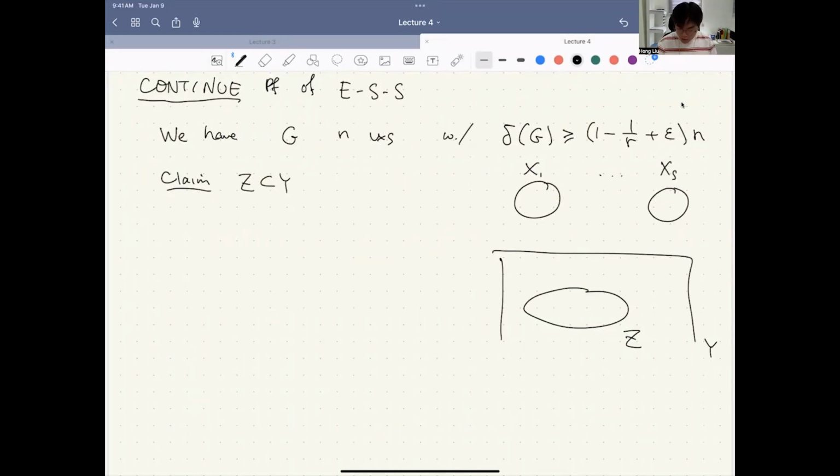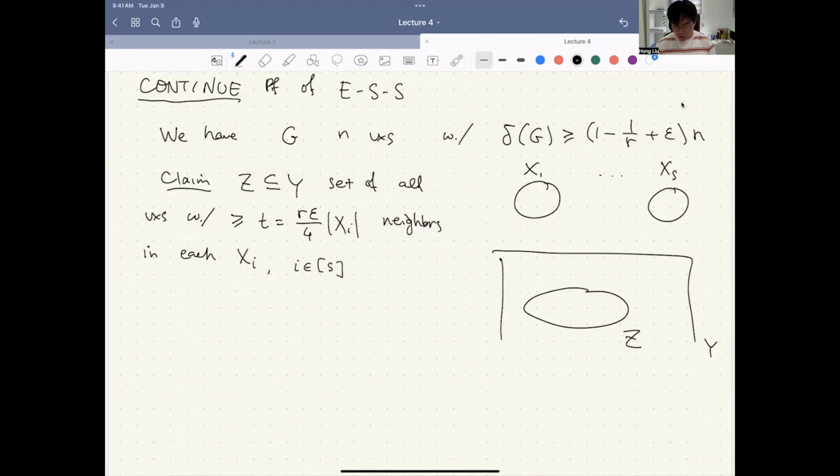Z is the subset of Y, the set of all vertices with at least T neighbors, which is our choice of parameter, in each Xi, where i goes from 1 to s. So all these vertices have lots of neighbors.